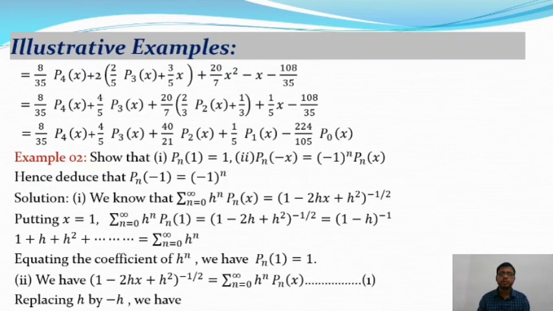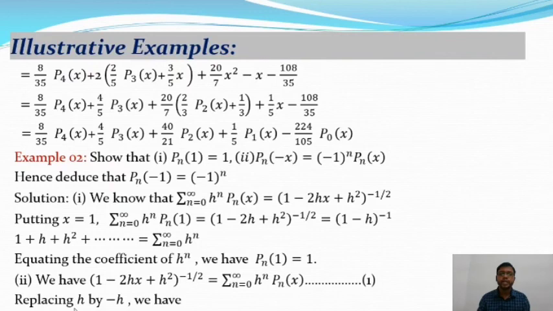For the solution of the second part, first of all we will take the generating function (1 - 2hx + h^2)^(-1/2). It is equal to the summation over n from 0 to infinity of h^n Pn(x). Okay, we can call it equation number 1.